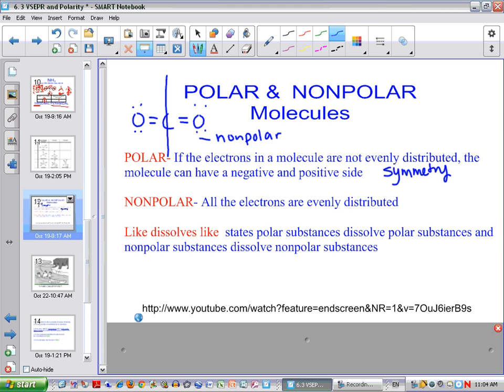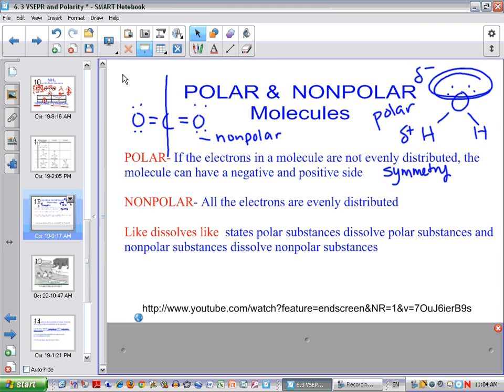Whereas something that's polar would be something like water. Do you see how all the electrons are on this side and there's none on this side down here? That gives this side a kind of a negative charge and this side kind of a positive side. This would be a polar molecule. Now there's a saying in chemistry that helps us understand why some things will dissolve in certain substances.